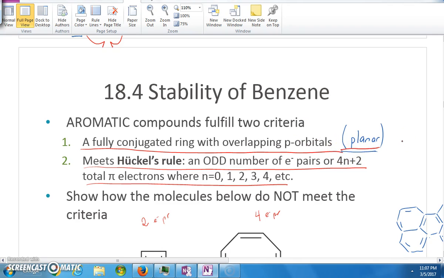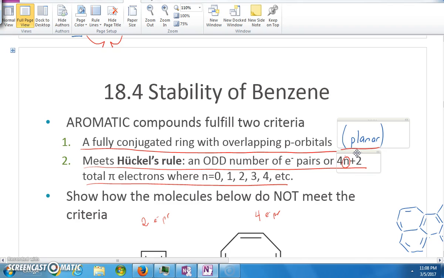But more importantly, it must meet the Huckel rule, which means it must have an odd number of pi electron pairs. So you should have an odd number of pi electron pairs. Okay, and that means that 4n plus 2 must be met, where n is a whole number.